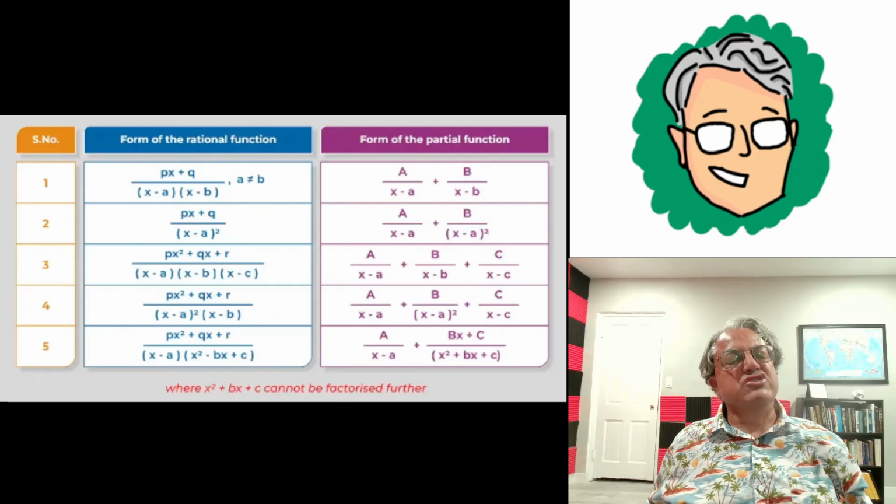You multiply everything by the least common denominator, which in this case is x minus a times x minus b. When you're done, you equate like terms, constant terms, linear terms, and you get a system of linear equations for your unknowns.